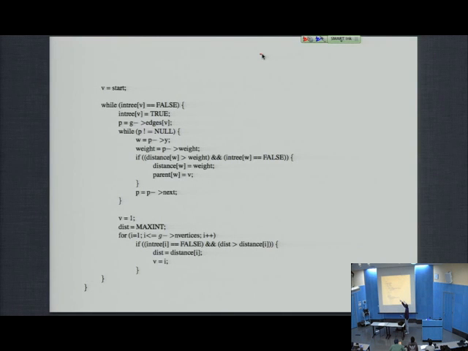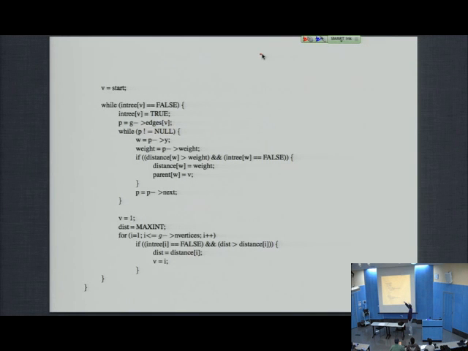Well, int tree sub V is going to be true because now V is in the tree. We're then going to go through V's adjacency list, okay, and say, well, that is not nil, meaning for every edge in V's adjacency list, let's say y is the corresponding vertex, okay. The weight of that for every edge is going to be a weight.